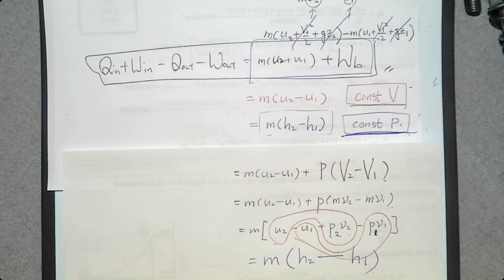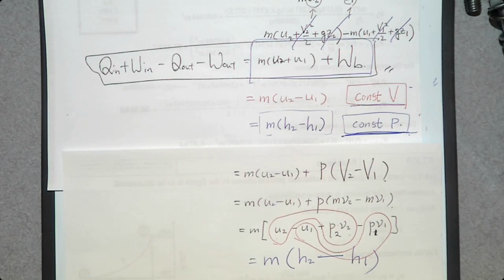This is one clue that you can see it is convenient. H is more convenient when we go to chapter 4, which we will study then. I'm pretty sure that you will use H more than U, because in many cases our thermodynamic processes are constant pressure. So H is more common.